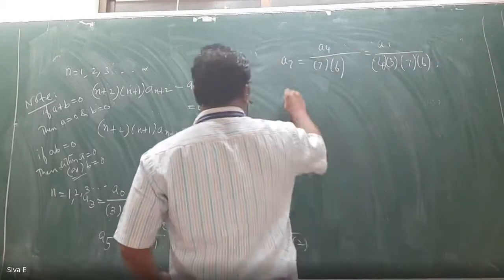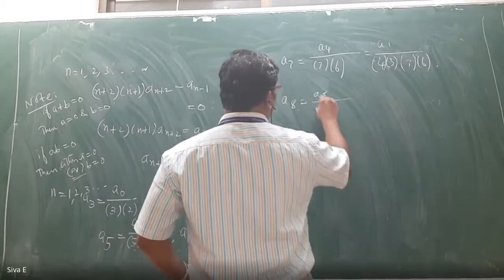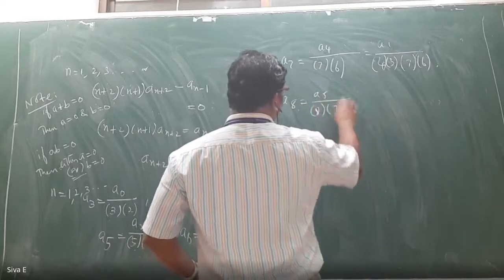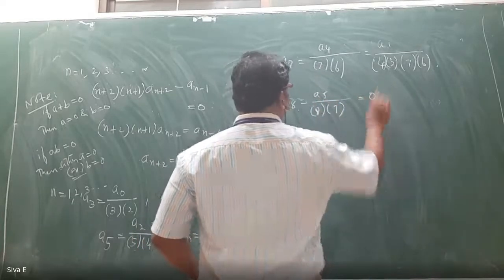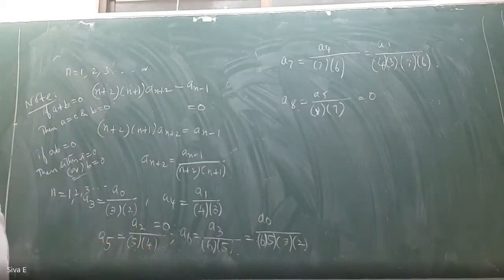Similarly, a8 equal to a5 by 8 into 7, but that is equal to 0 because a5 equal to 0. So a8 equal to 0.